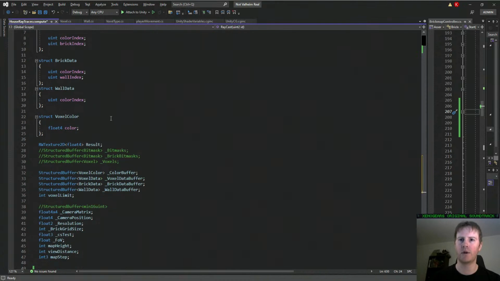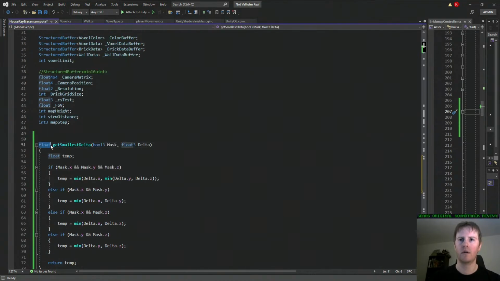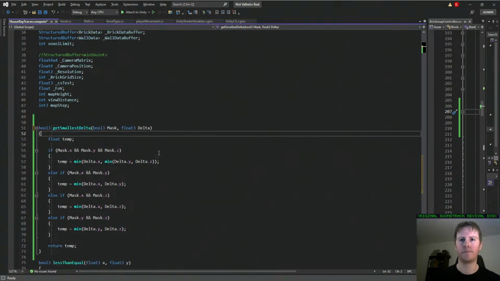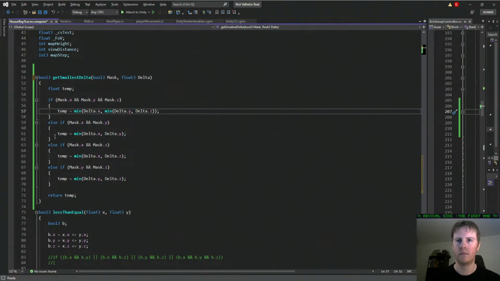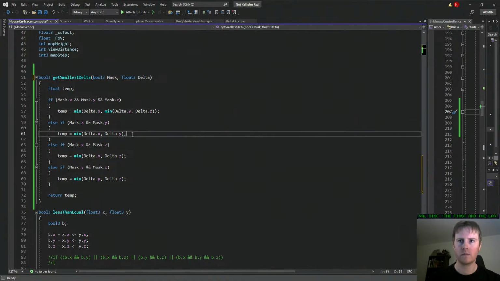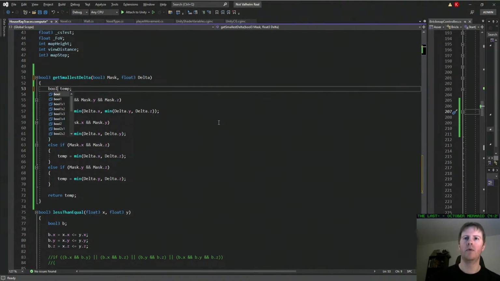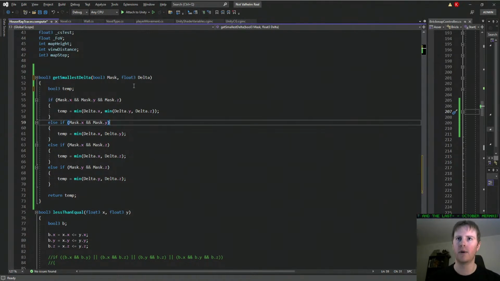That's what it needs to return. Bool3. So this is gonna be bool3 temp, and then again we return temp.